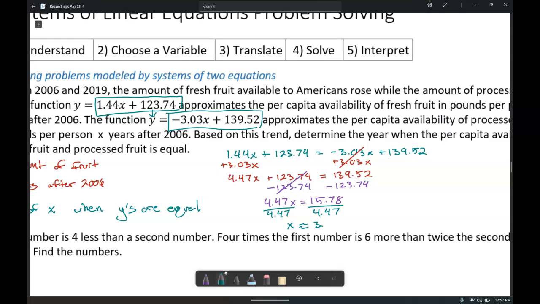Now x is going to be a long decimal value, so I'm going to round it to a couple decimal places. So the value of x is approximately 3.53.